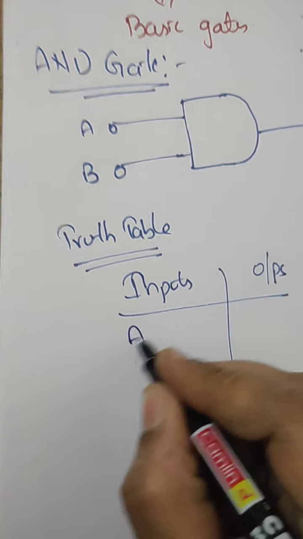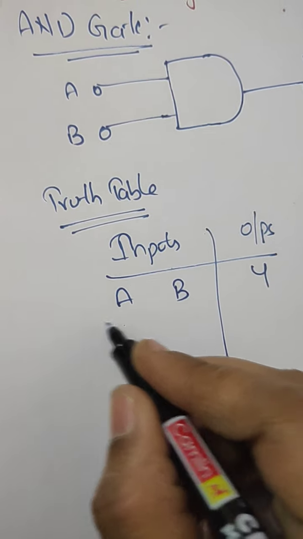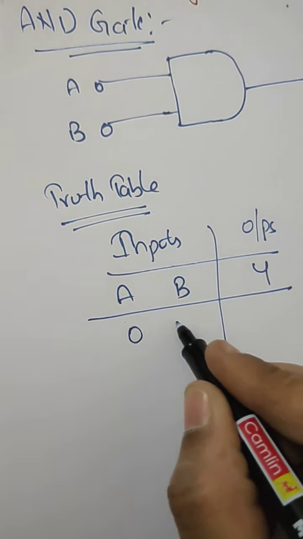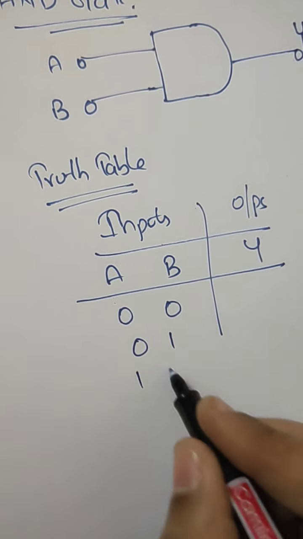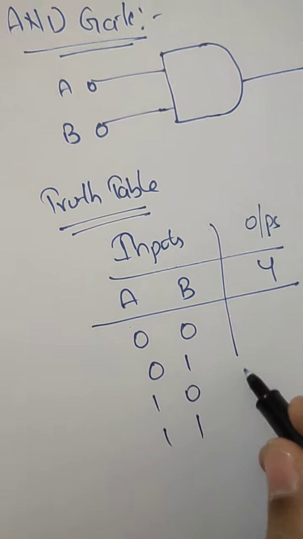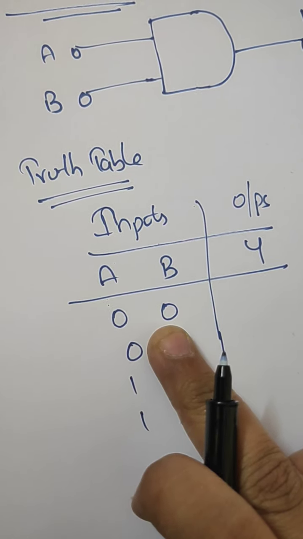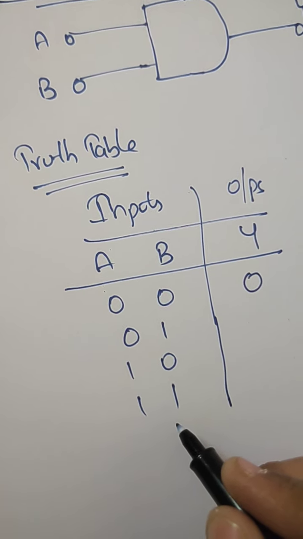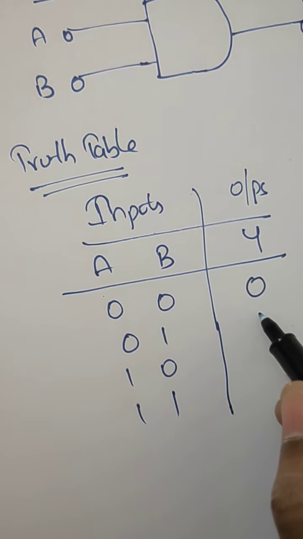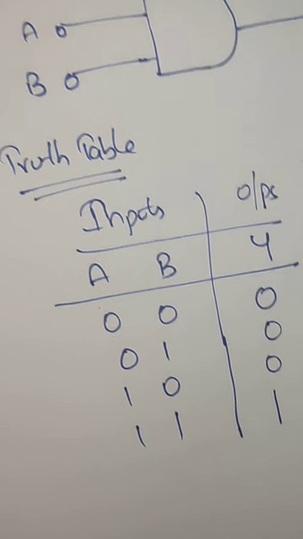Let us take inputs A and B and output Y. Two inputs will have four combinations: 0 0, 0 1, 1 0 and 1 1. When I give low inputs, my output will also be low: 0 into 0 is 0, 0 into 1 is 0, 1 into 0 is 0, 1 into 1 is 1.